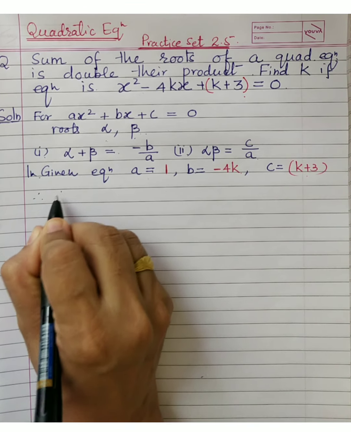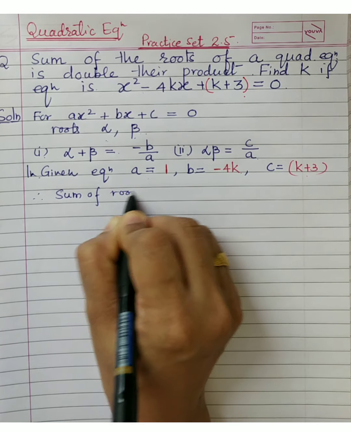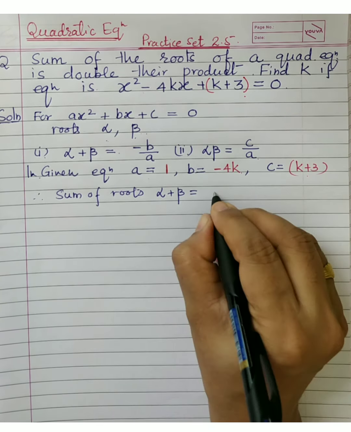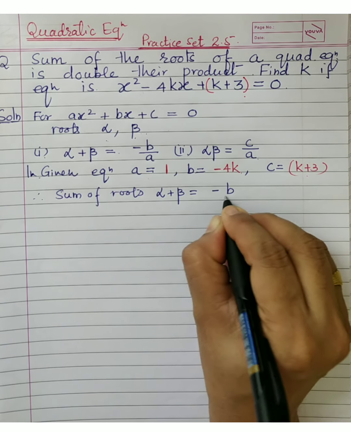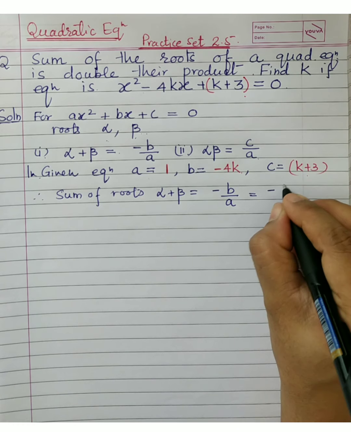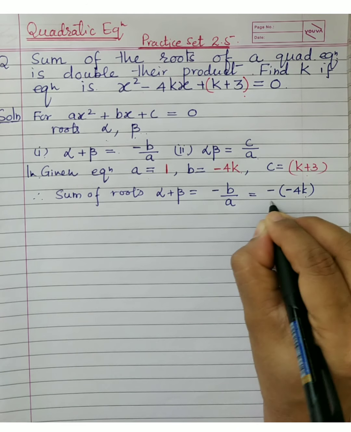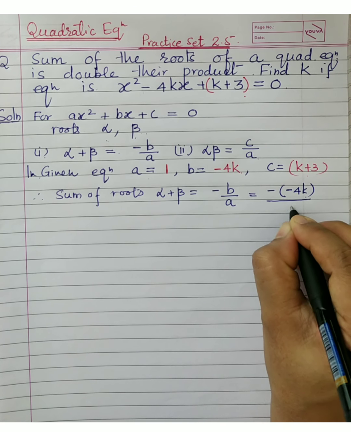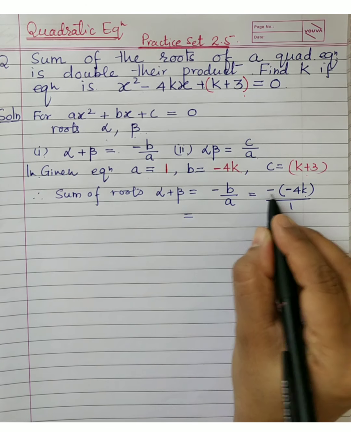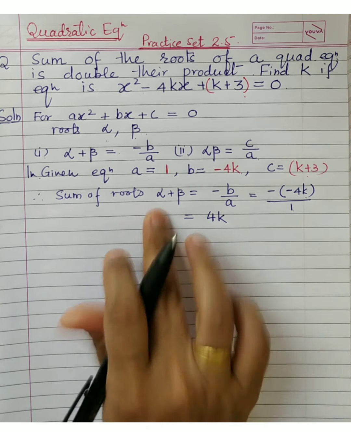Therefore, what will be our sum of roots? Alpha + beta is equal to -b/a. So minus, and b itself is -4k, upon a, which is 1. So simply alpha + beta, the sum of the roots, has come to 4k.